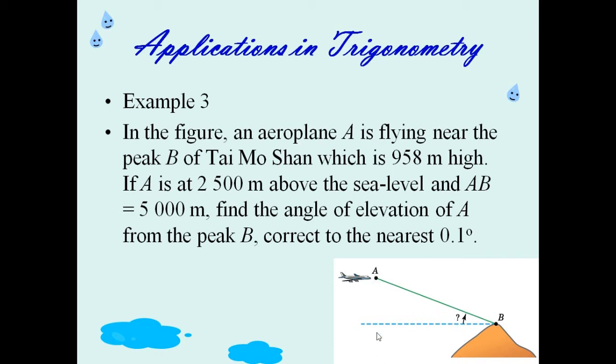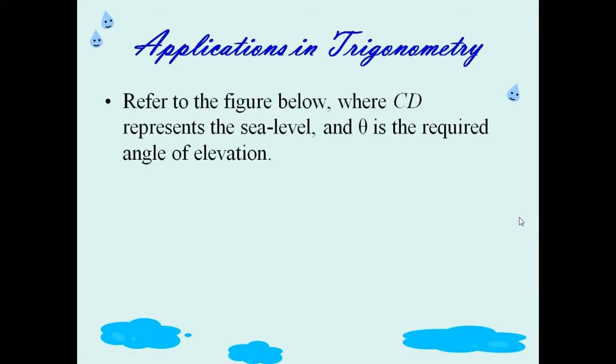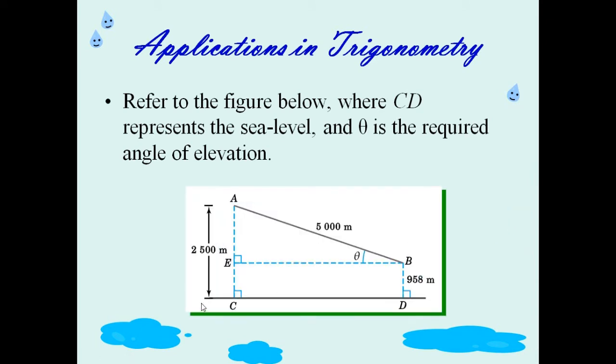Then you will have a trapezium, just like the following. So we draw the sea level with a dotted line CD, and A and B are 2,500 meters and 958 meters above sea level respectively. So you can draw a trapezium like that.